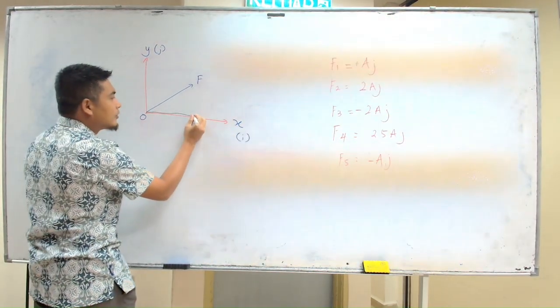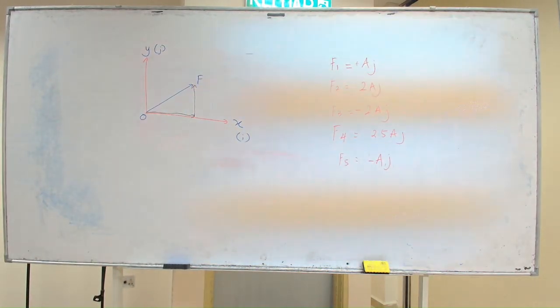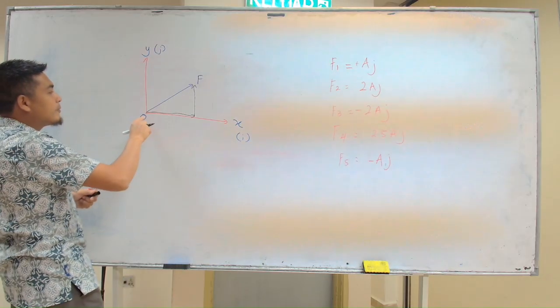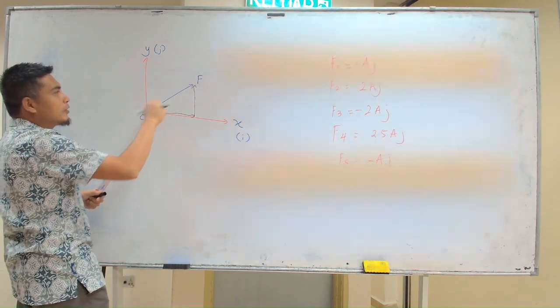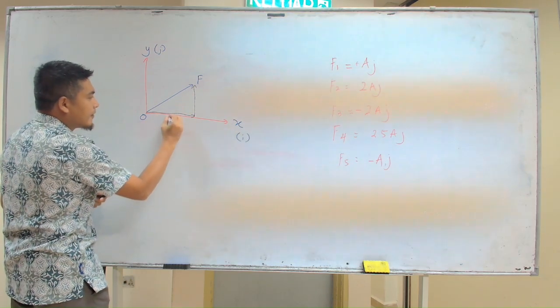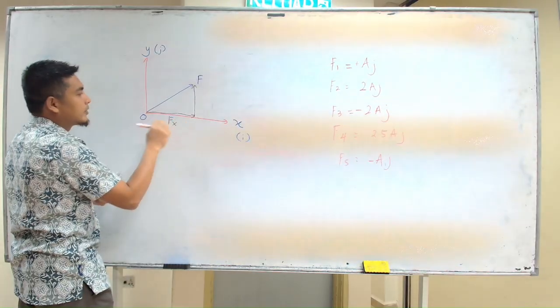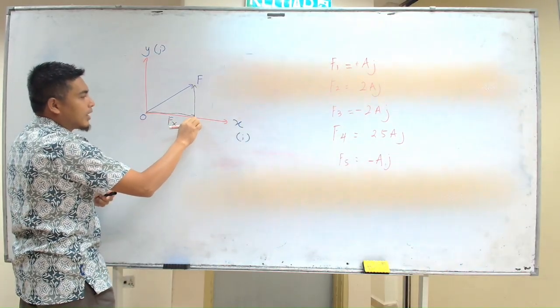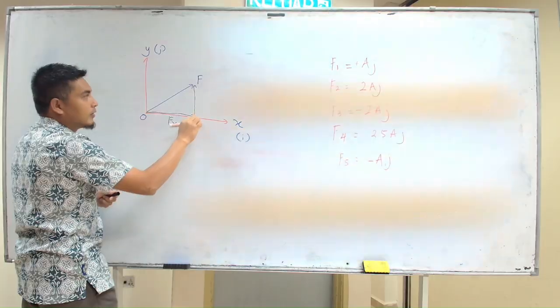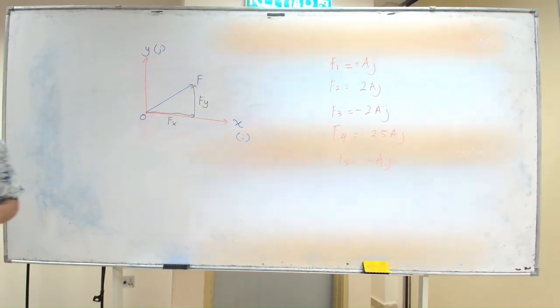Then I go vertical. So in order to get from origin to F, I need to move F in the X direction first, and then in the Y direction.